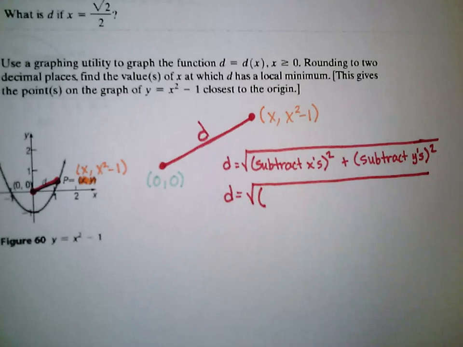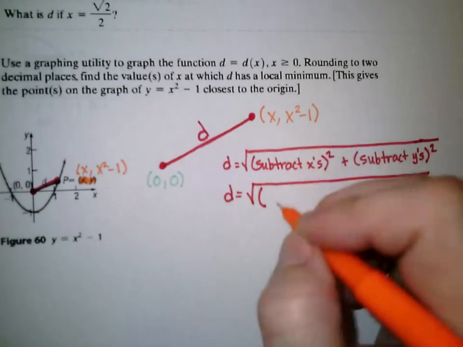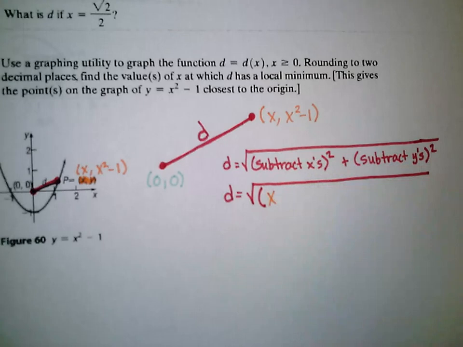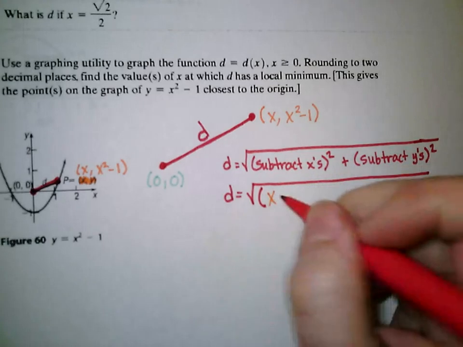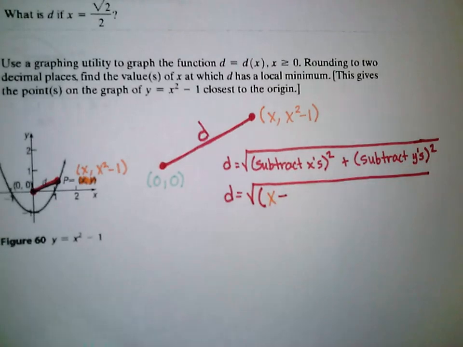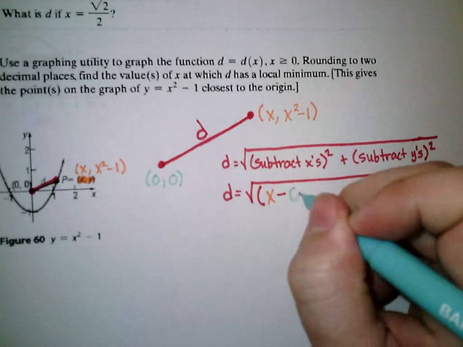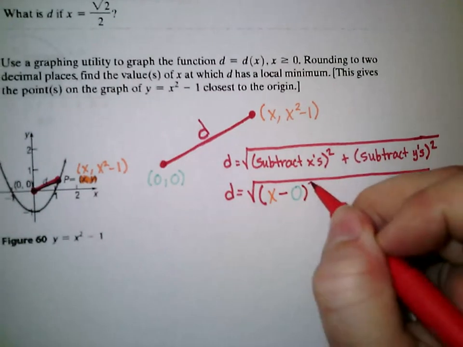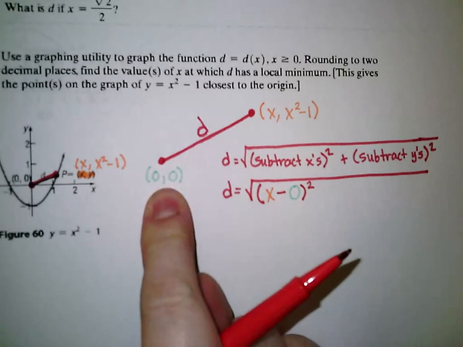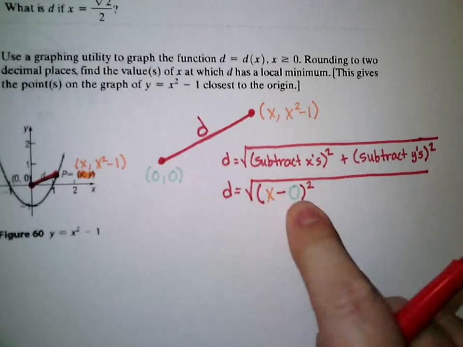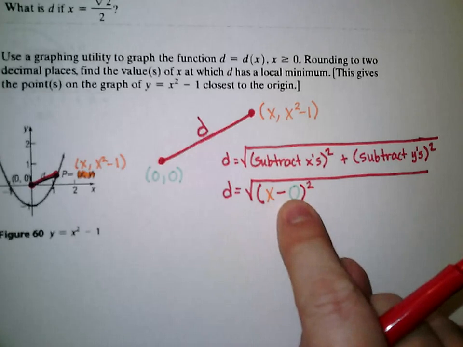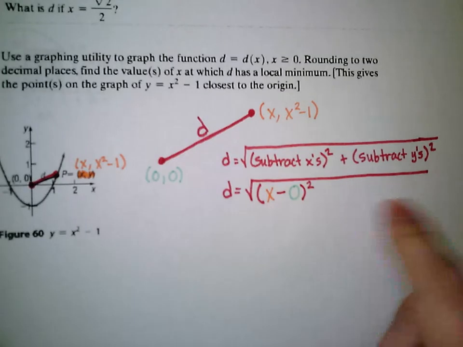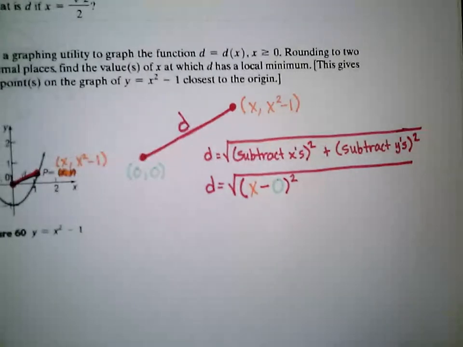Subtracting the x's, I'm going to take the x coordinate from this point, and I'm going to subtract the x coordinate from this point. I've said it a couple times, but remember, it could be any ordered pair. This one just happens to be 0, 0. If it was like 7, 12, we would do x minus 7 here, and then we would use 12 in the other one.